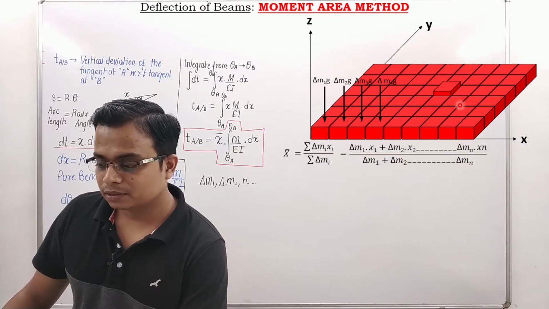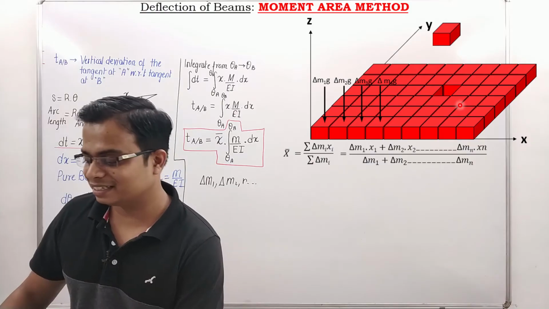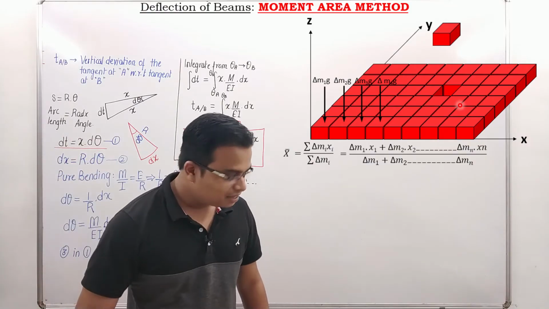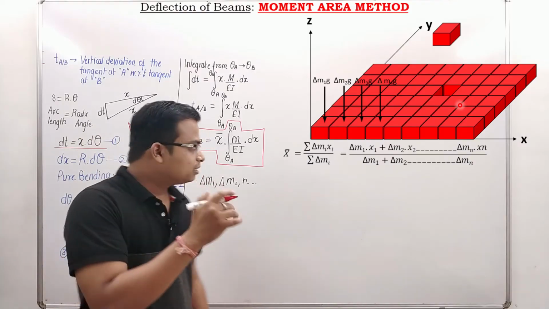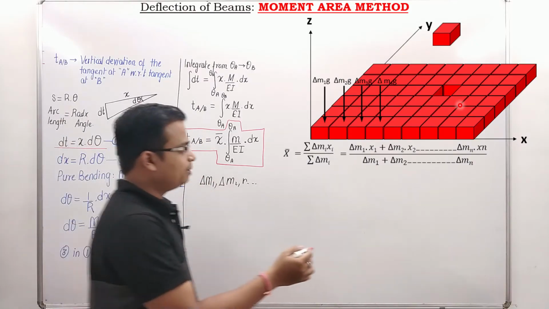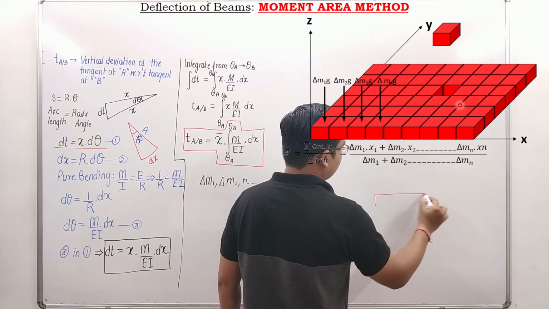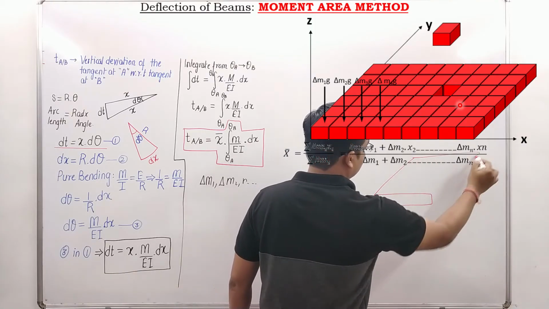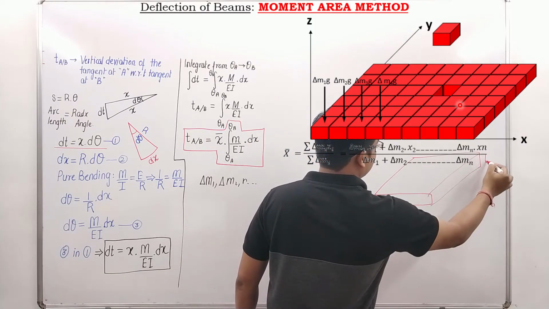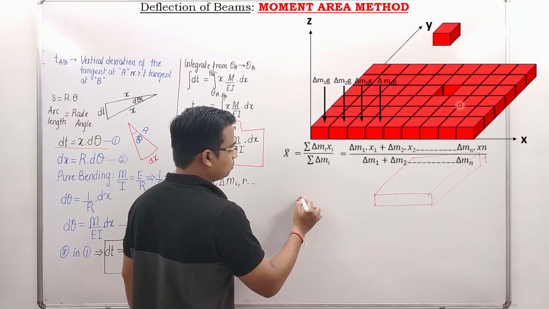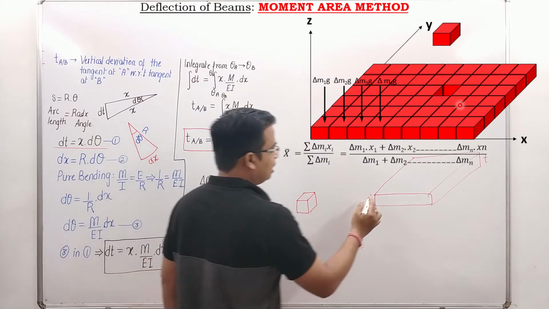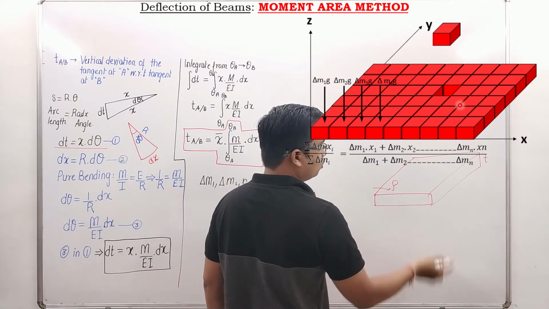Now you see this element popping up? Let's say that this element over here has a thickness T. So an element pops up like this, and let's say that the density is rho.